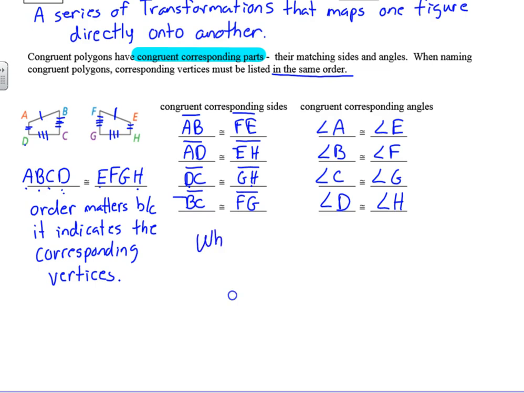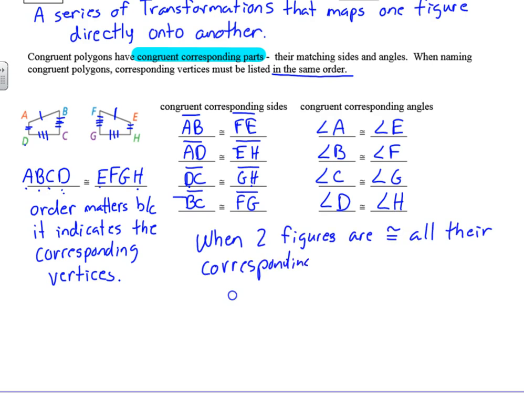To summarize, when two figures are congruent, all their corresponding parts are congruent. All of the matching sides and all the matching angles have to be congruent.